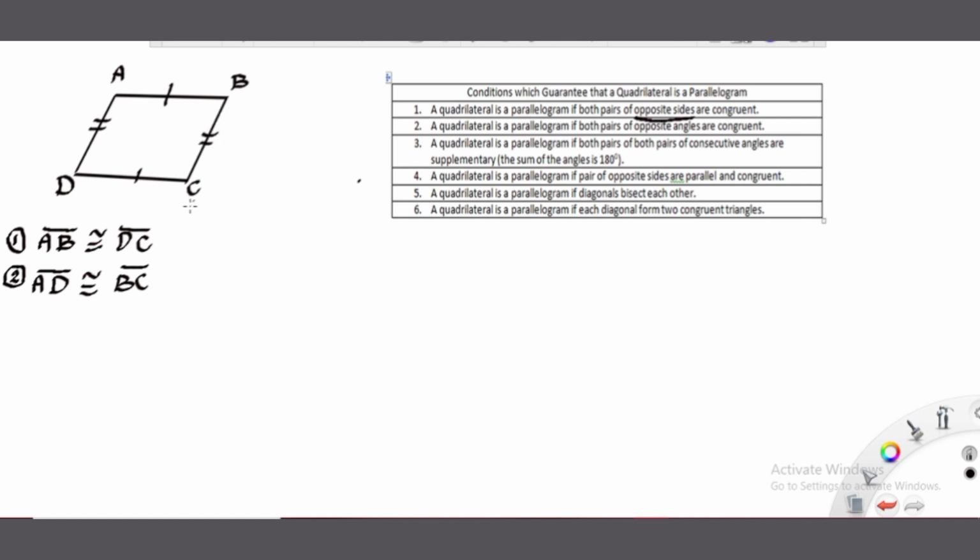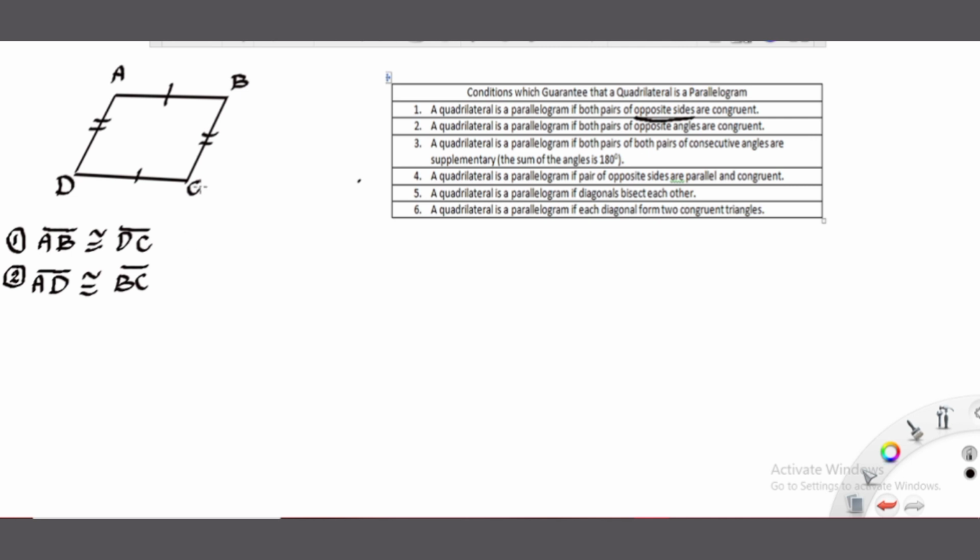Since these two pairs of sides are opposite and this quadrilateral is a parallelogram, each pair of opposite sides is congruent. When we say congruent, their measurements are equal.